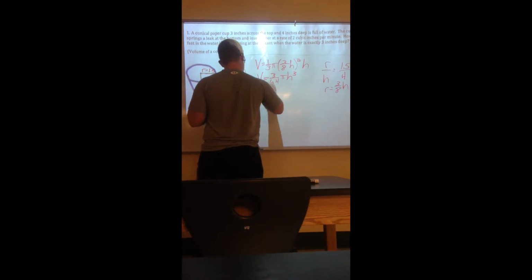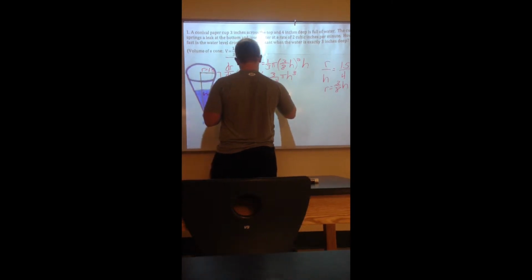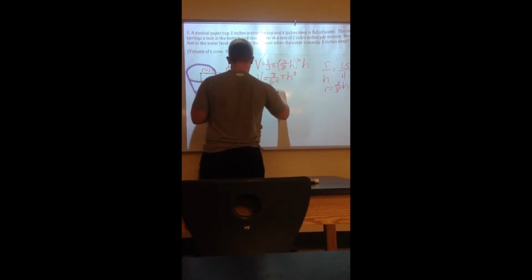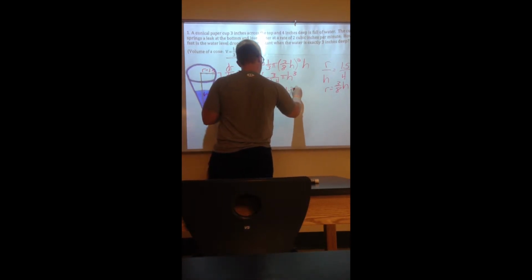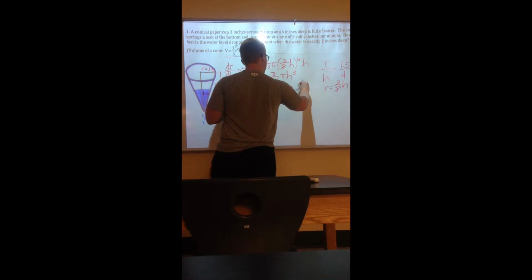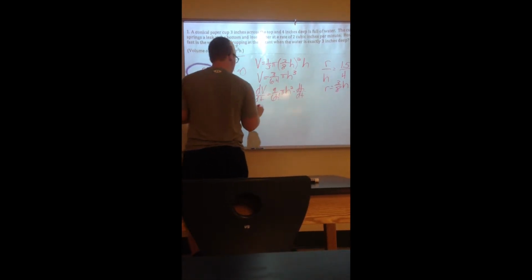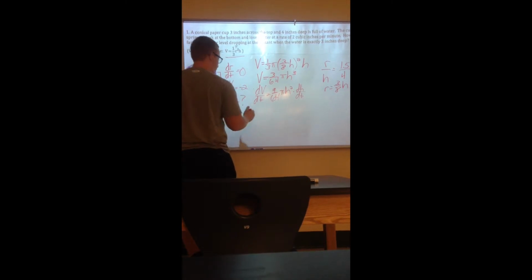And then the fun part is taking the derivative. You don't want to forget this dh over dt after you take the derivative. And then after you have your derivative, you can just plug in everything that you know.